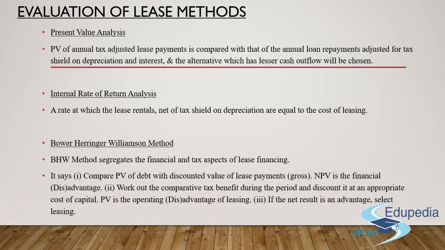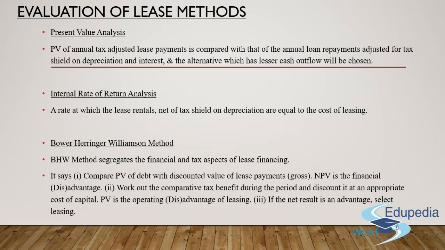Let's suppose the machinery cost is 5 lakh rupees and my lease rental is 40,000 rupees. Taking into consideration the tax deductible expenses and other things, the rate of return at which all these equal 5 lakh rupees is going to be my internal rate of return. That will be used under this segment, which is called leasing decisions.